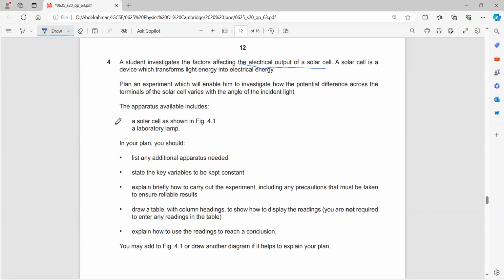The output voltage will vary. What is the variable that I will be changing? Tell me.